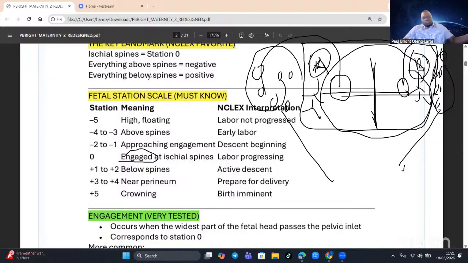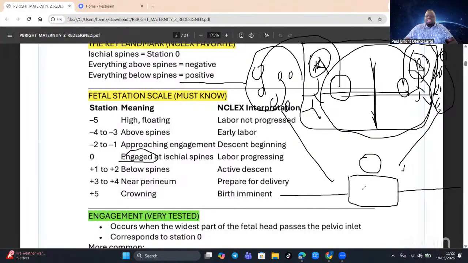Linking it to the number line or this filter station method, we have the negatives and the positives. But in between, at the zero, that we call the engagement.